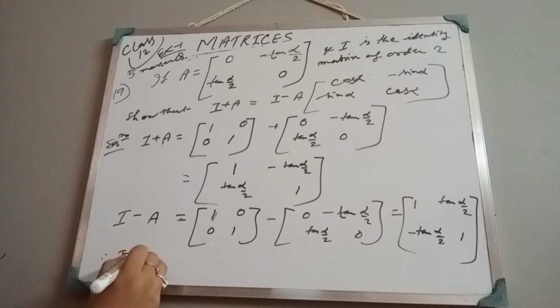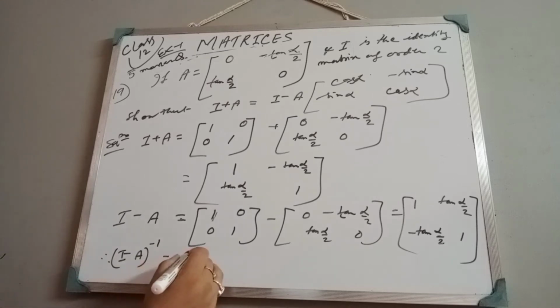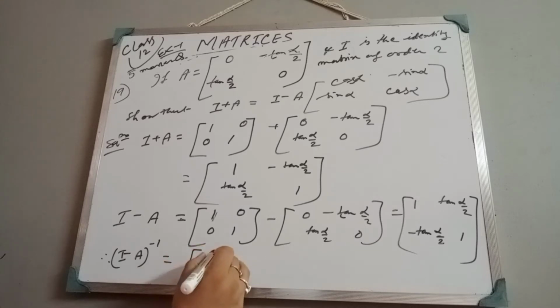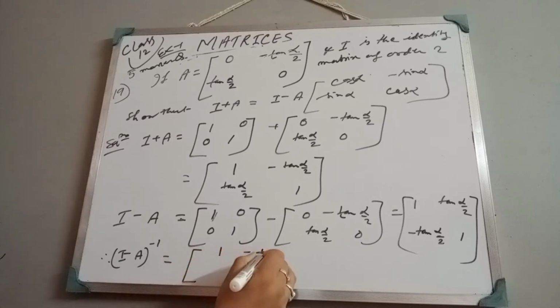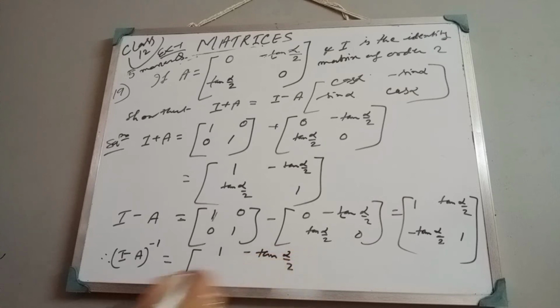Therefore, I minus A to the power minus 1 will be 1 minus tan alpha by 2 and tan alpha by 2, 1. Okay, this is I minus A inverse.